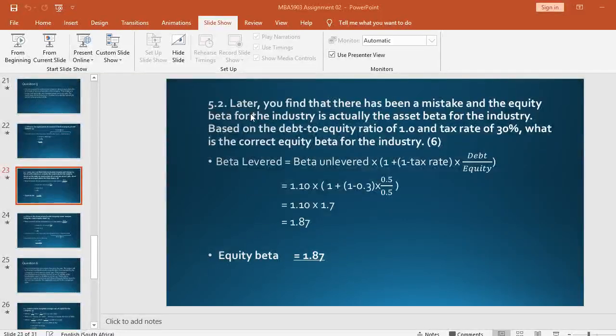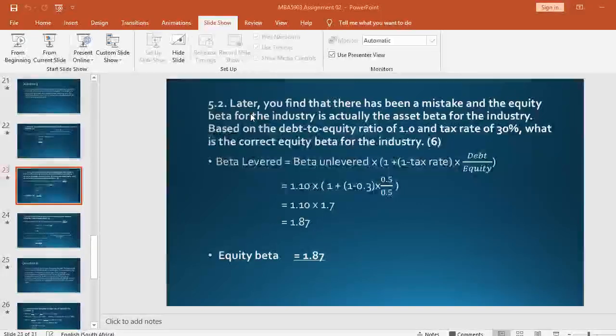We normally call the debt over equity the debt to equity ratio. So you are converting the asset beta into the equity beta.